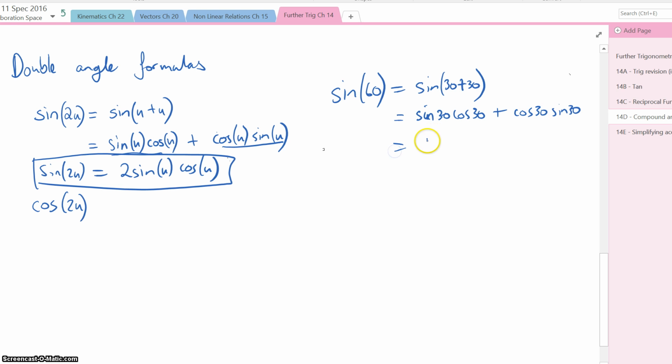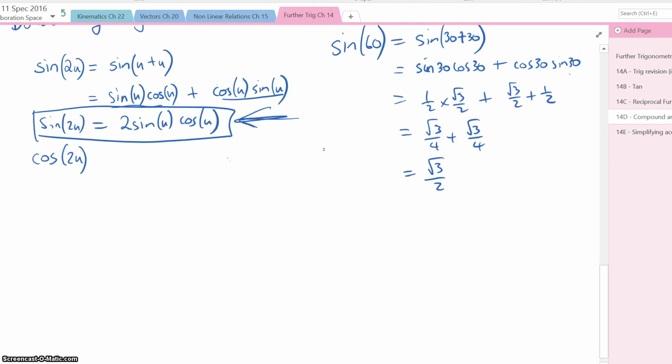Get our special triangles, that's a half multiplied by root 3 on 2 plus root 3 on 2 multiplied by a half. And I've got root 3 on 4 plus root 3 on 4, which is 2 root 3 on 4, which is root 3 on 2, and sine of 60 is actually root 3 on 2. So this formula here is proved, and it works.